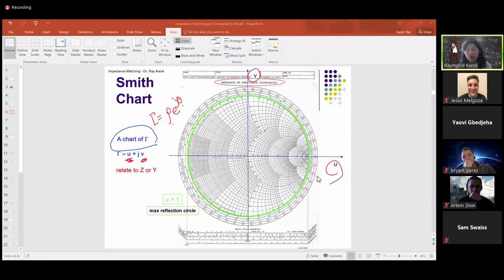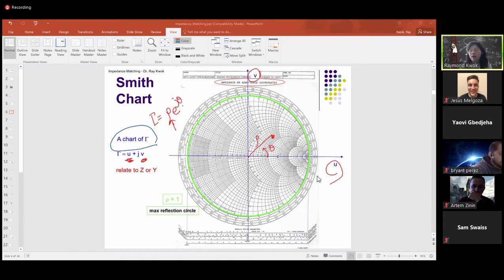On this chart, any point on the chart, say this point, the radius from the center, that's my rho, the magnitude of my reflection coefficient, and the angle here, that's my theta.